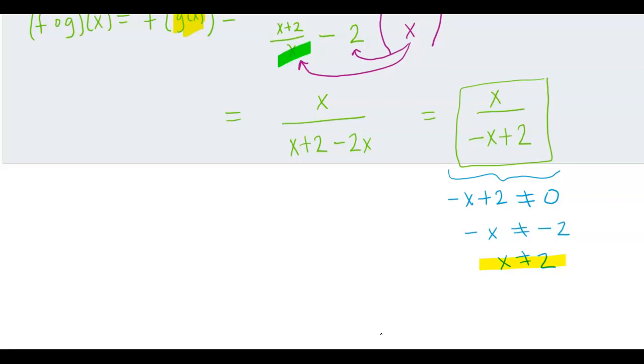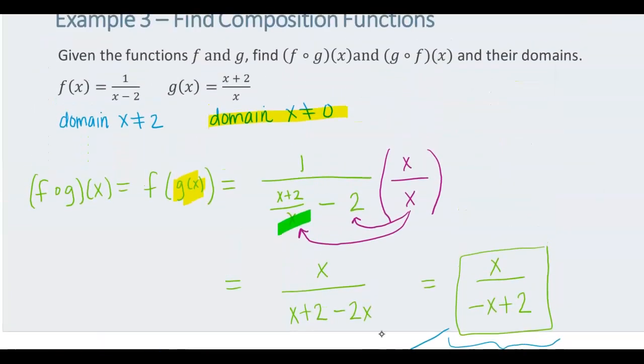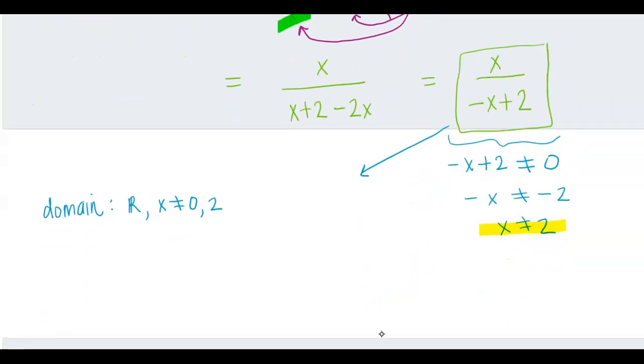So my overall domain for this function is going to be all real numbers except x cannot equal 0 or 2. Again, I have to look at what the domain is of what's being plugged in. In this case, it's function g, so that's how the 0 got restricted. And then the final answer, which is how the 2 got restricted.